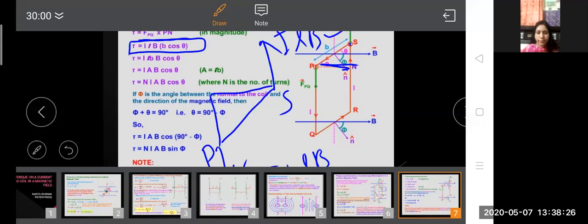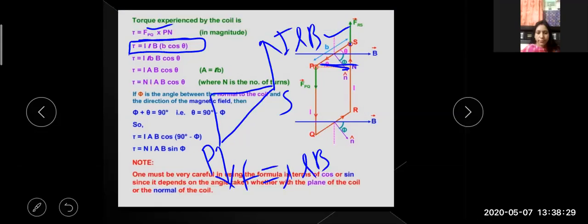This is N. Clear? So Pn is given by b cos theta.